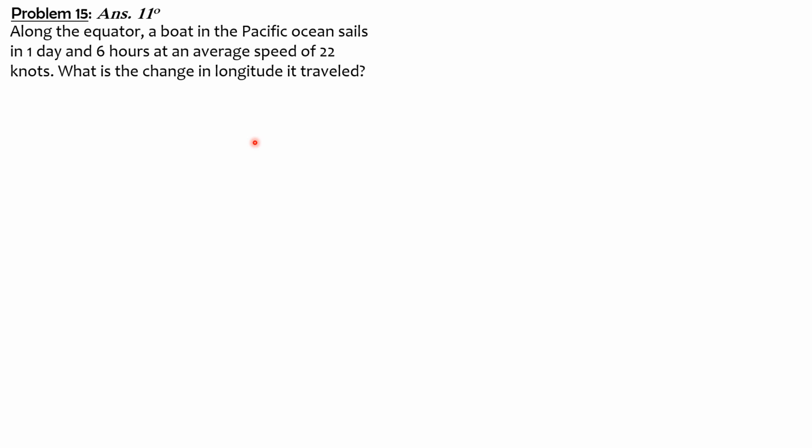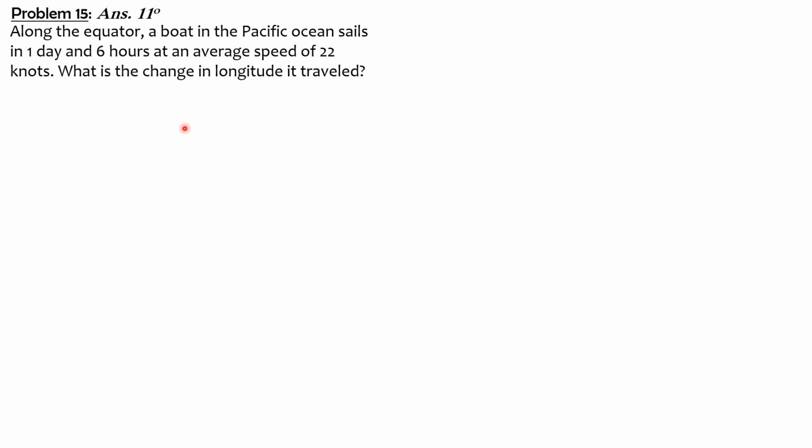Finally, problem 15. Along the equator, a boat in the Pacific Ocean sails in 1 day and 6 hours at an average speed of 22 knots. What is the change in longitude it traveled? So the angular distance traveled by the boat in minutes first.